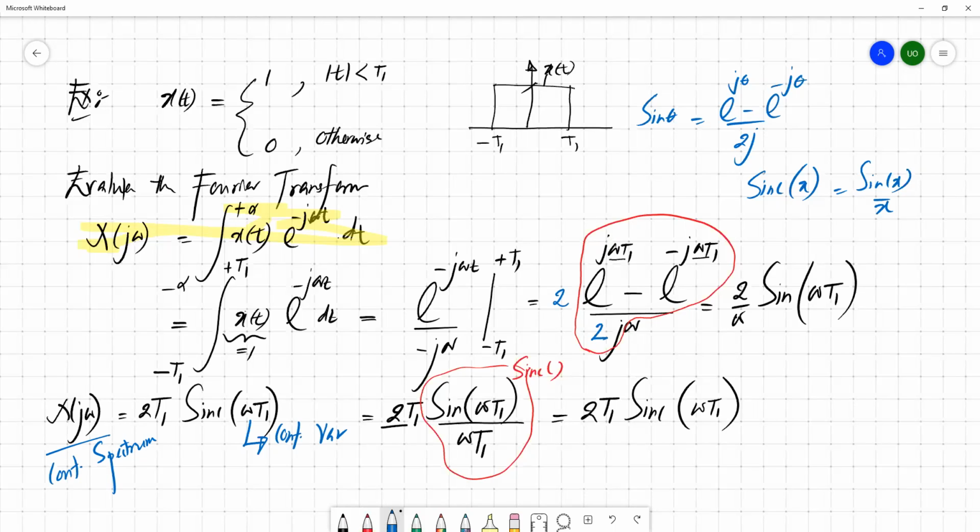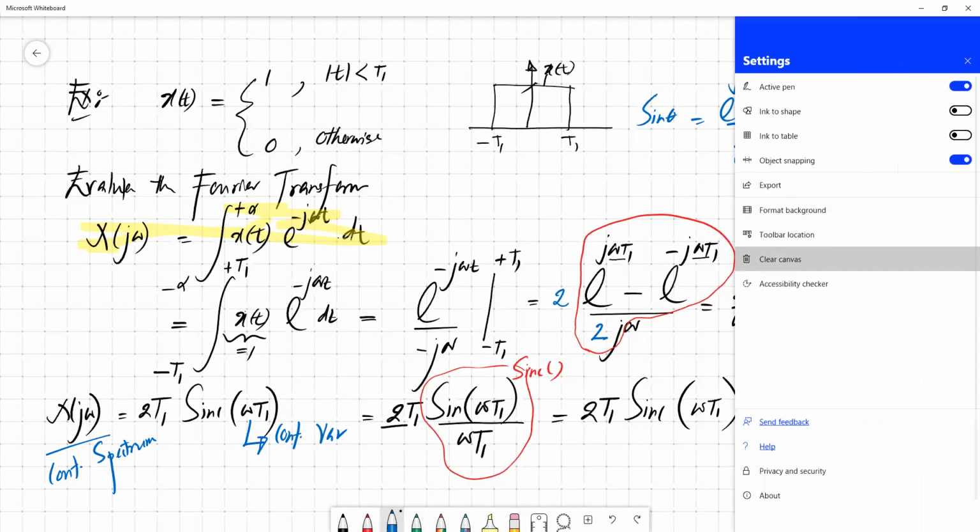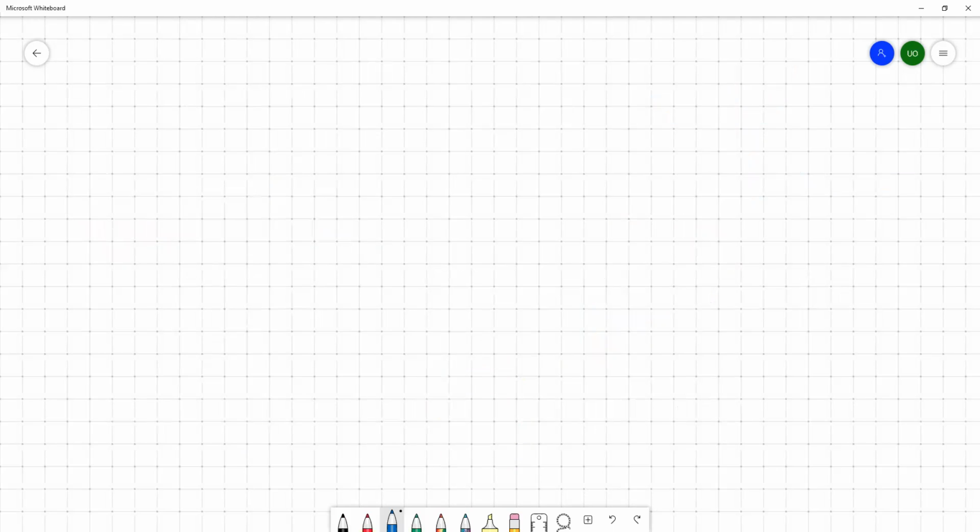So how do you plot this one? We ended up with X(j omega) equals 2 t1 sinc omega t1.